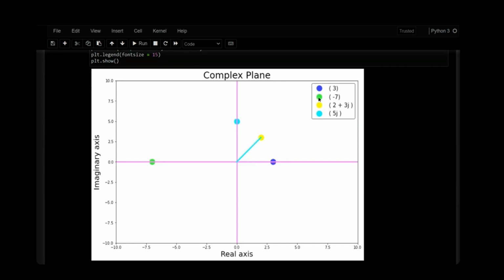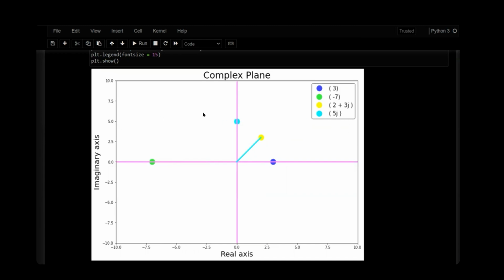Let us look at the numbers. Z1 has only a real part, so it lies on the real axis at an amplitude of 3. Z2 has a negative real part, -7, so it is also on the real axis at -7. Z3 has a real part of 2 and an imaginary part of 3, so it is positioned between 2 and 3, showing the magnitude of the complex number.